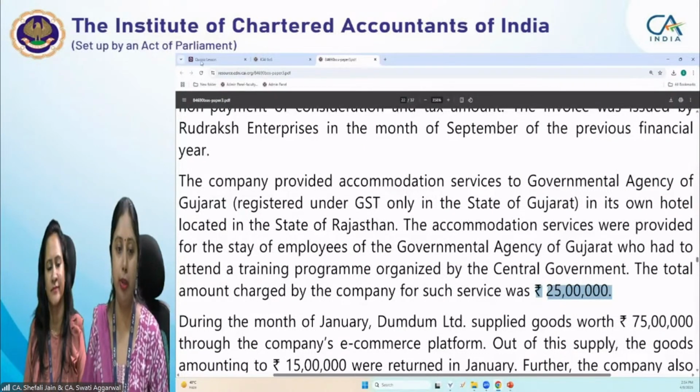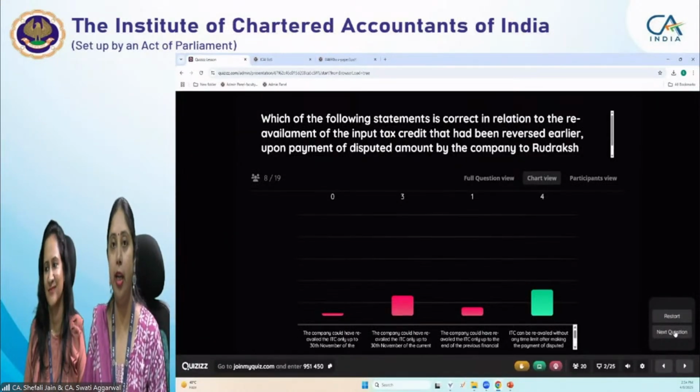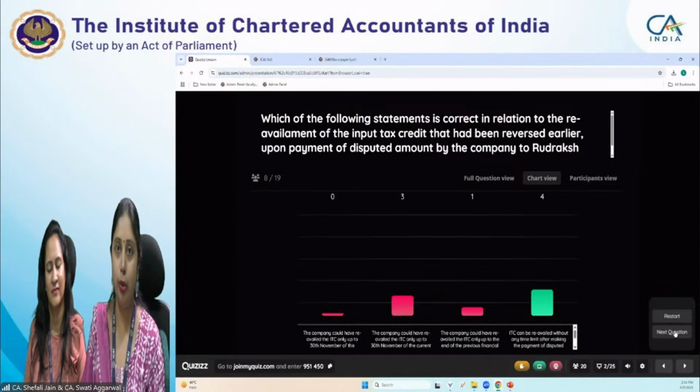Now we come to the related question. So all of you please gear up and now answer this question based on this provision. Hope all of you have your calculators ready with you, because यहाँ पे थोड़ा सा computation in questions में चाहिए हो सकता है आपको.